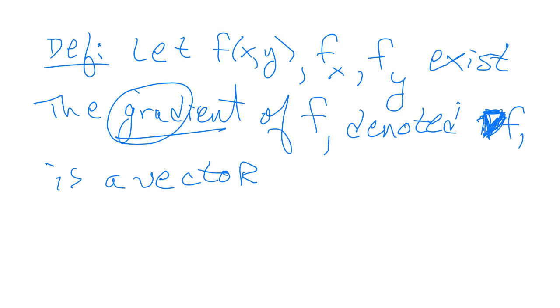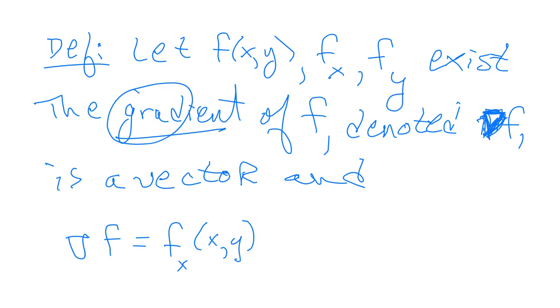Grad f is given by the partial of f with respect to x evaluated at x, y in the i direction, plus the partial derivative of f with respect to y evaluated at x, y in the j direction.